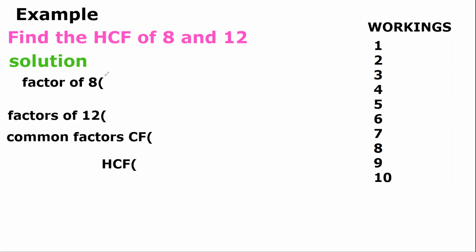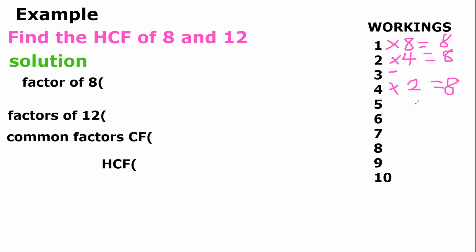Now we find the numbers. When you multiply, you get 8. We are finding the factors of 8. So the same procedure, numbers, when you multiply, you get 8. 1 times 8 will give you 8. 2 times what number will give you 8? 2 times 4 will also give you 8. 3, no. 4 times what number? 4 times 2 can also give you 8.